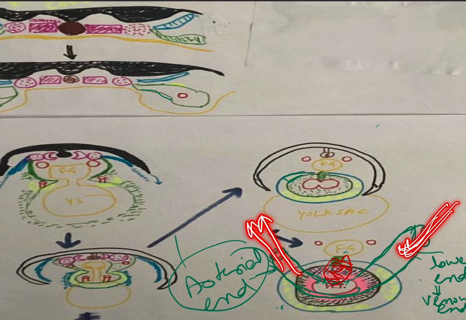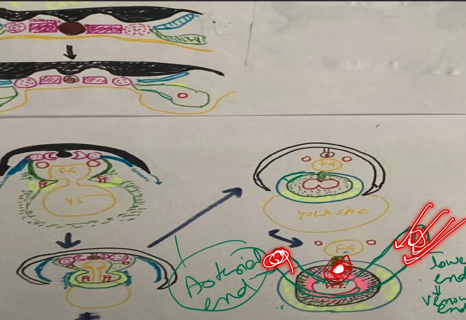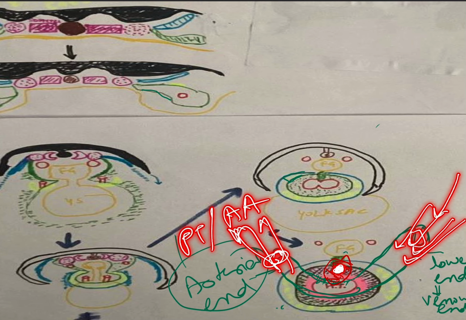Just make an image that he is putting a finger in the transverse pericardial sinus and differentiating the two ends of the heart tube: blood flows out through the pulmonary trunk and ascending aorta, and flows in through the superior vena cava.